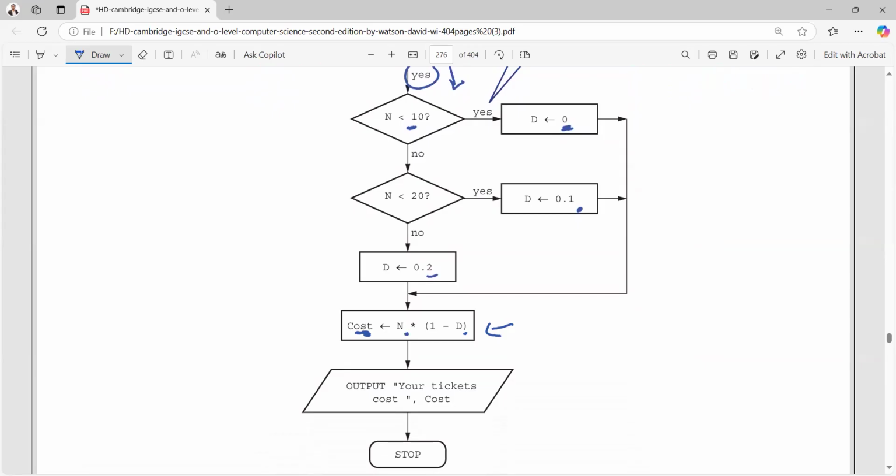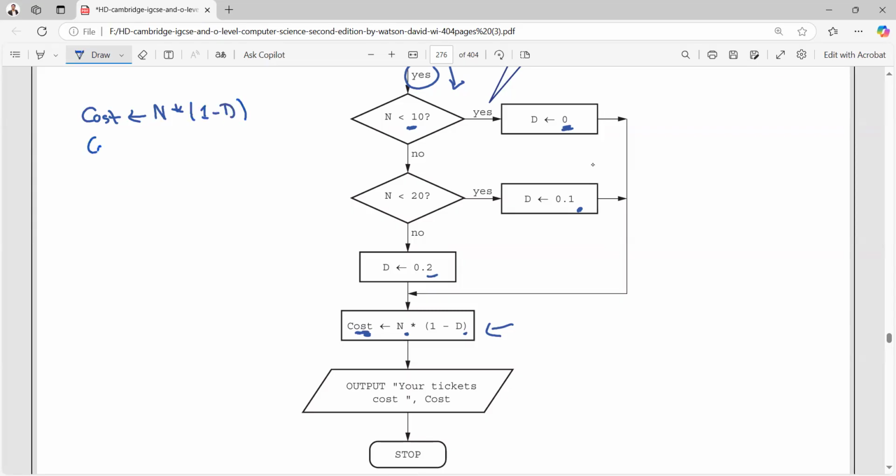Can you explain this part again? Sure. This says cost is equal to n being multiplied by 1 minus d.